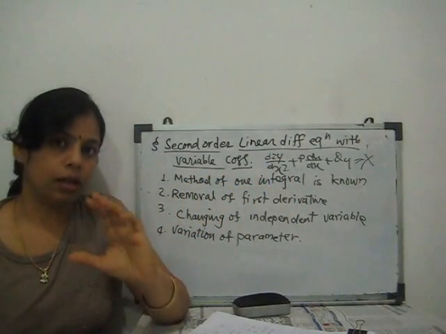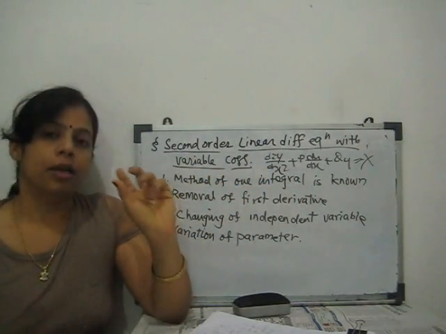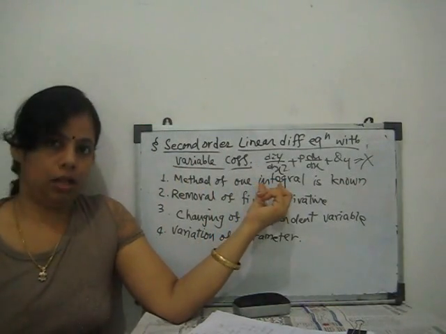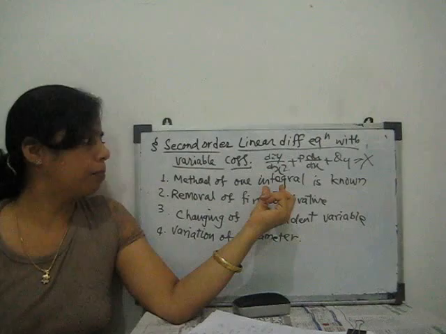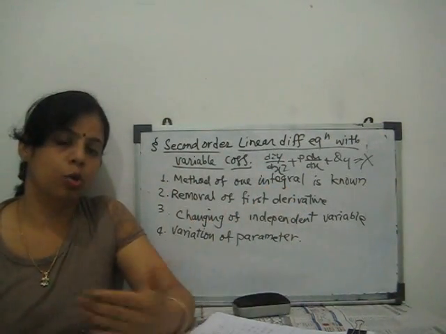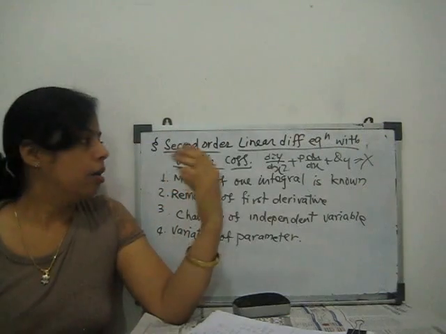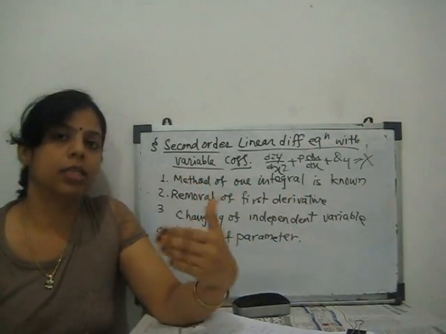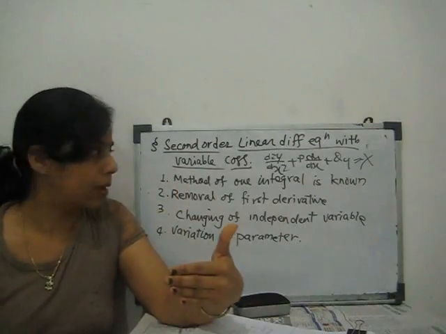If we consider the complementary function, and we know one part of the complementary function, then we can go ahead with that. Known means we can find it by inspection. We can see it and find it by inspection.